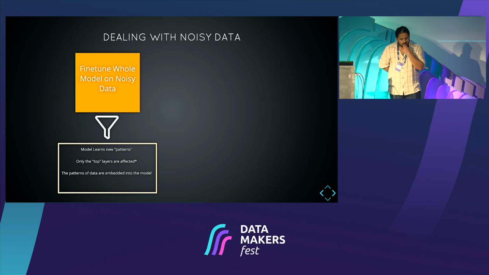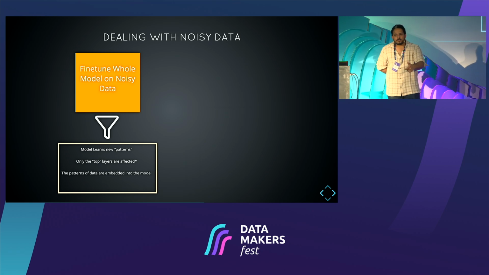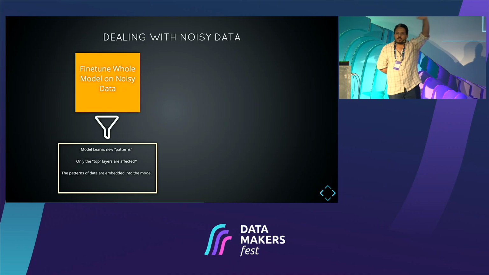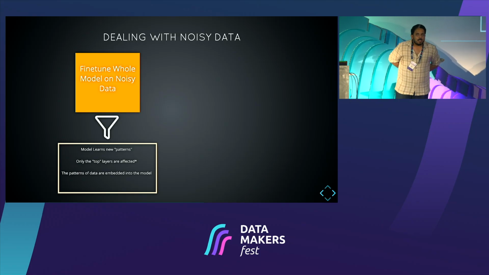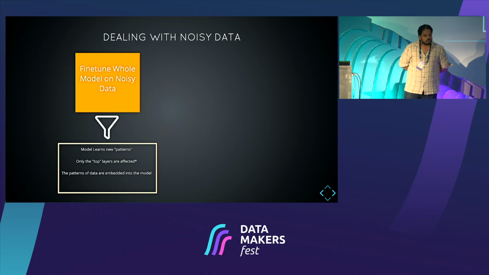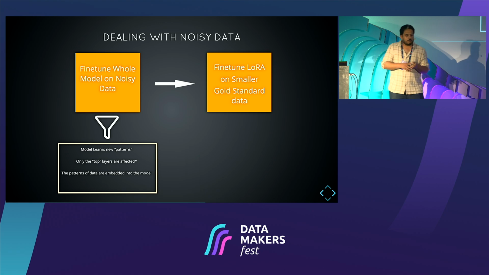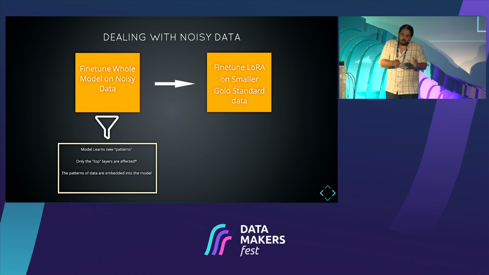Why? What's happening is that when you fine-tune the whole model on noisy data, the model still learns the new patterns in your data set, and the top layers are being affected for your final task. The patterns are now embedded into the model, so maybe some things that were not seen by the model before. But it's still noise, so your model is not going to perform very well, but somehow we managed to capture the information. Then we take a small amount of gold standard data, and we fine-tune an adapter on that.